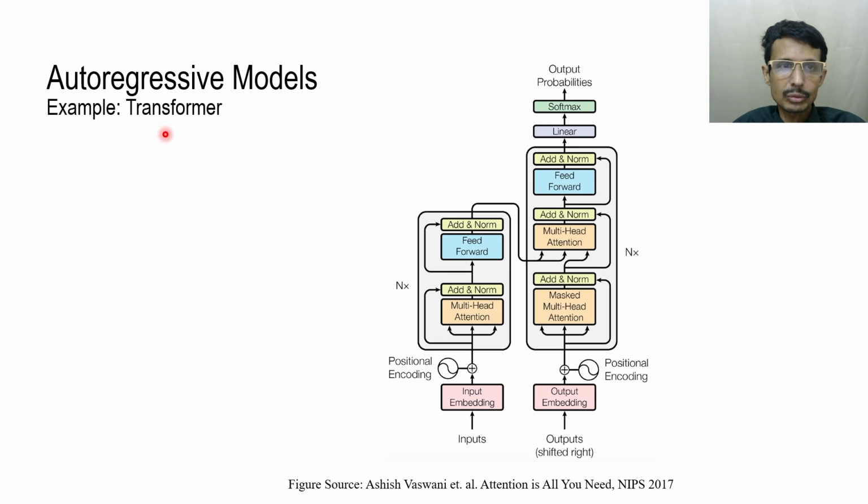So basically, the autoregressive model uses a transformer. As we can see, there are two parts: the encoder and the decoder. There is multi-head attention, basically self-attention, and then a feed-forward network, with skip connections and layer normalization. Before that, there is the input embedding and positional encoding. In the decoder part also, there is the output embedding and positional encoding.